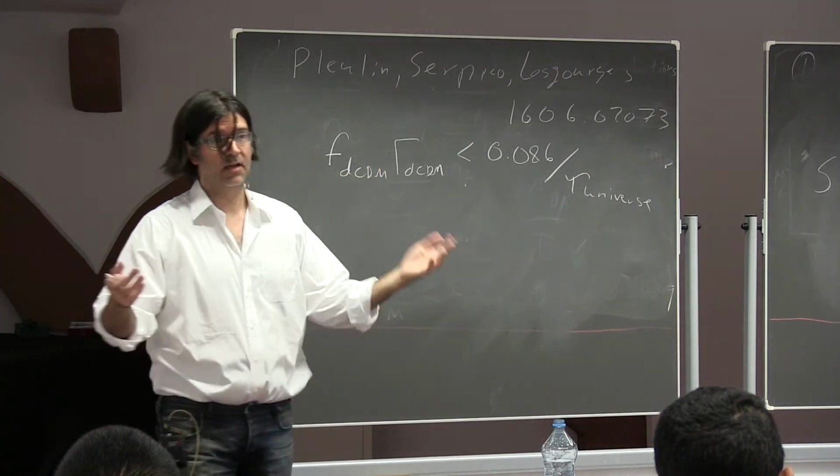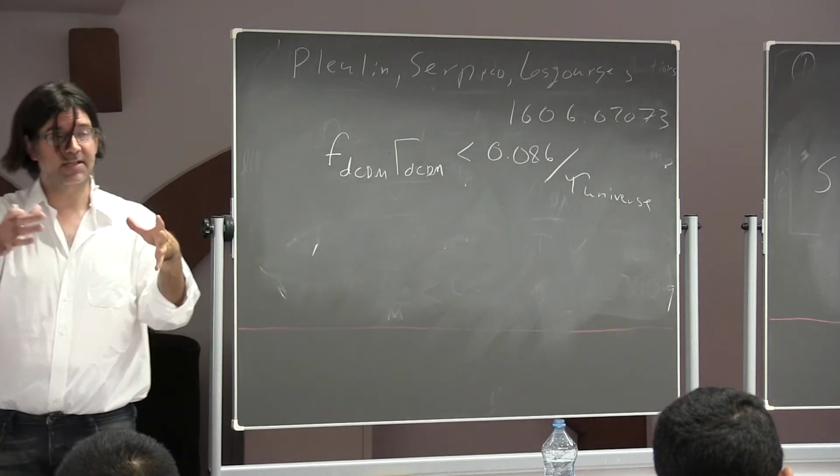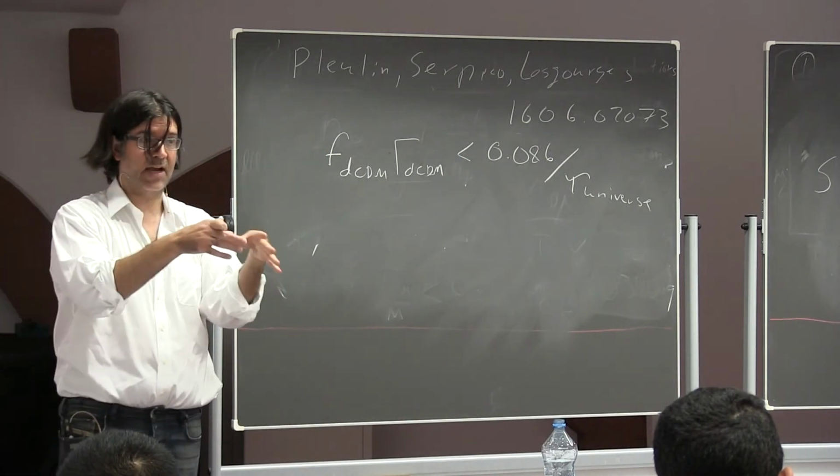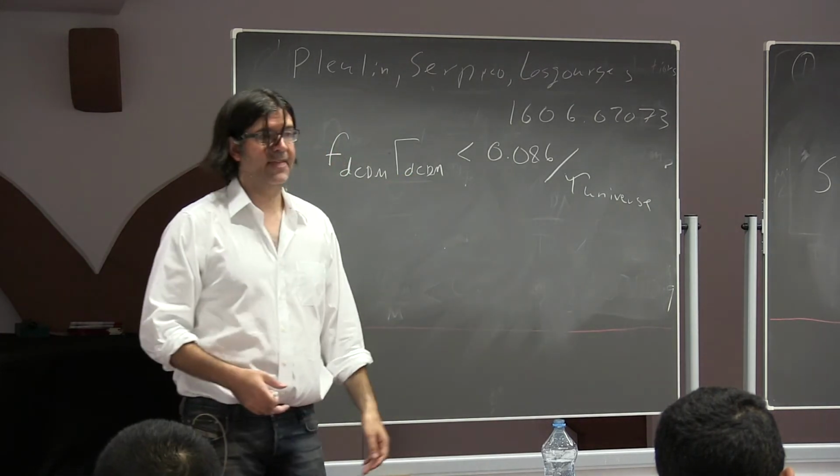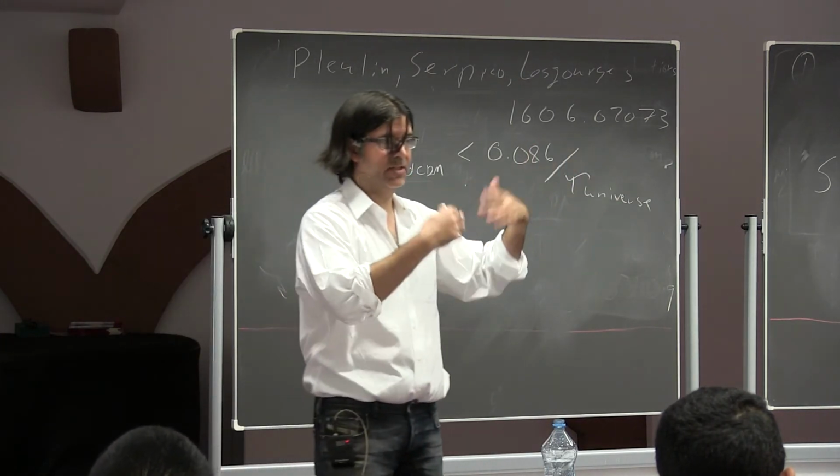So you imagine that dark matter has some part of it which is decaying. Maybe that's all of it, maybe it's just some fraction of it. And that stuff is decaying at some rate to some invisible stuff.